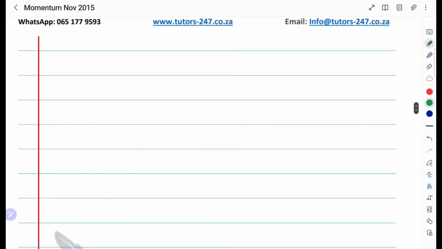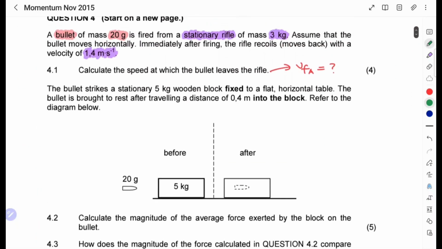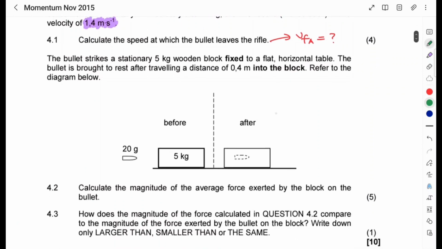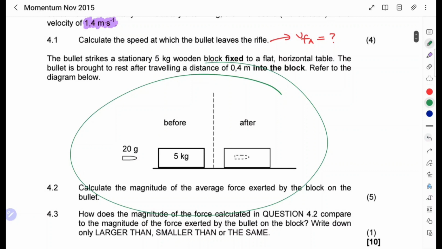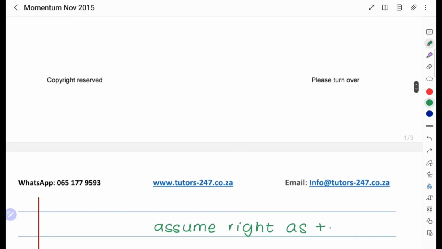So we are going to assume right as positive. You can also assume forward as positive because they refer to forward and back. And if you look at this picture, you can see that the rifle, or rather the bullet, is moving to the right. So that is why I stated right as positive.